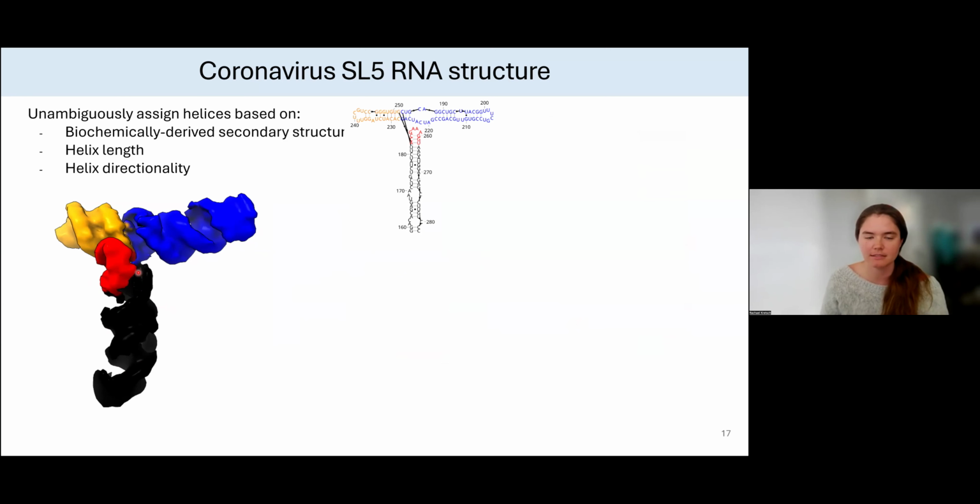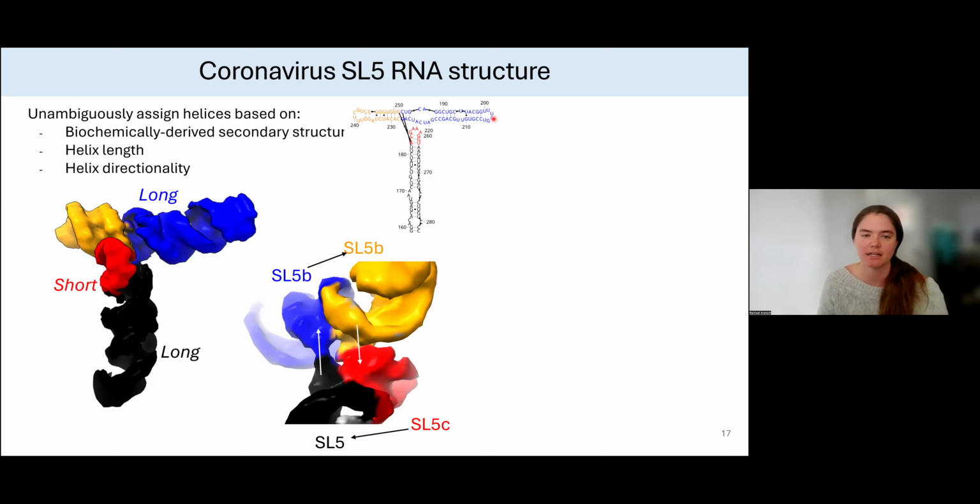And in this case, based on the known secondary structure, we were able to assign what stems were which. So for example, just by measuring the length of stems, even though we cannot see the bases at this resolution, we can see there's a very short stem, 2 long stems, and we can match that with our secondary structure.